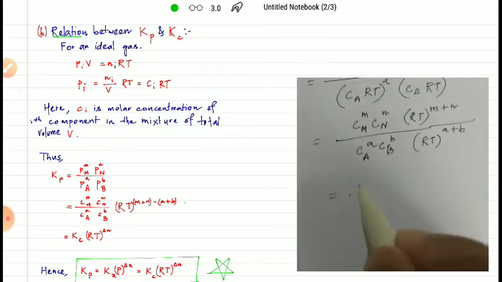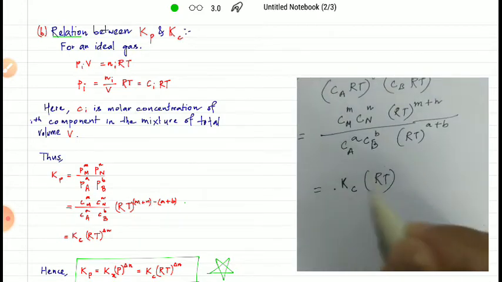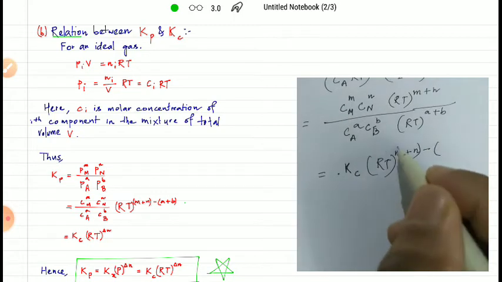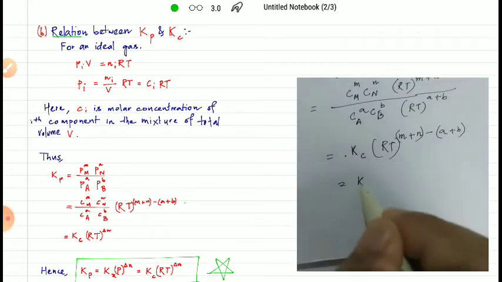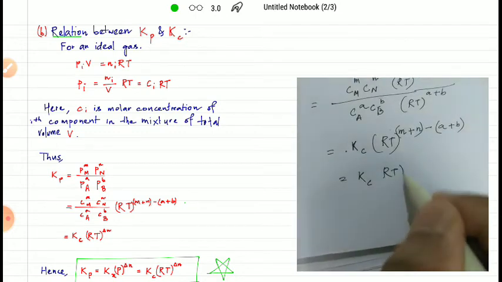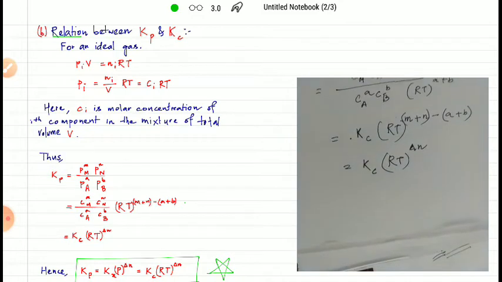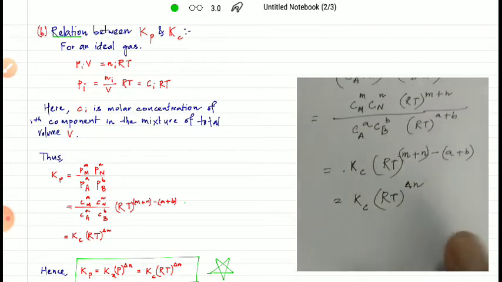So this part is Kc, and the rest is RT to the power m plus n minus a plus b. So Kp is equal to Kc RT to the power del n, where del n is the change in the number of moles during that reaction.